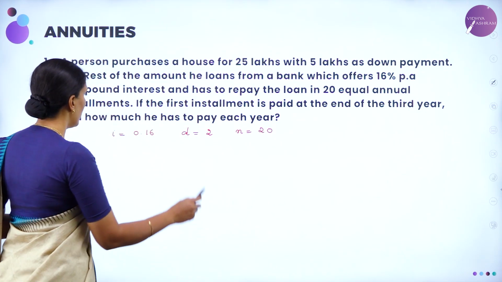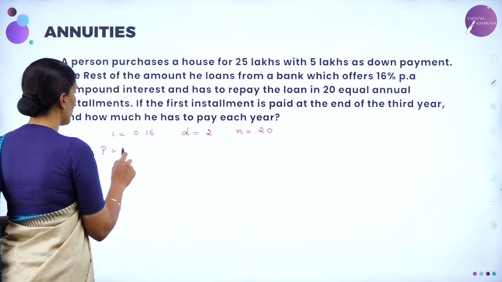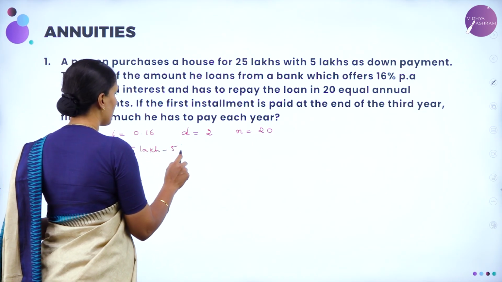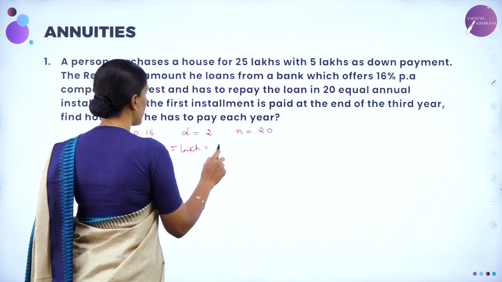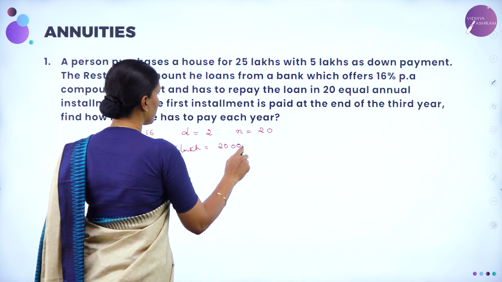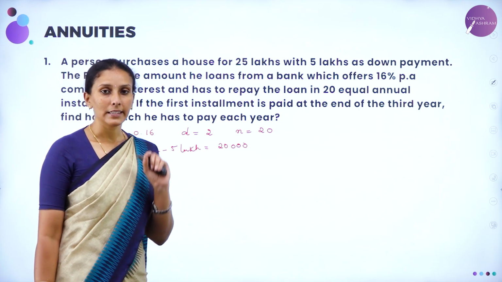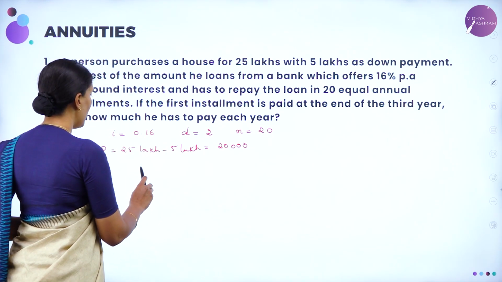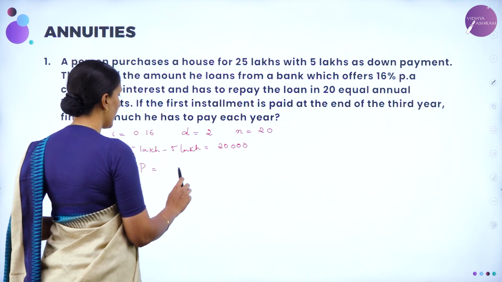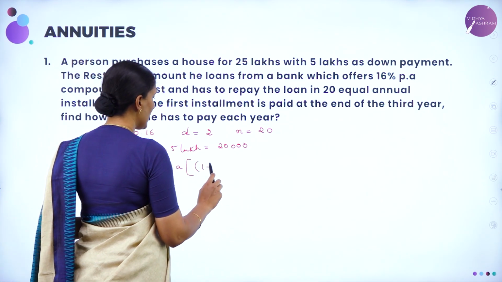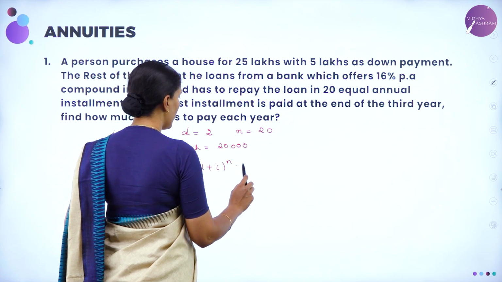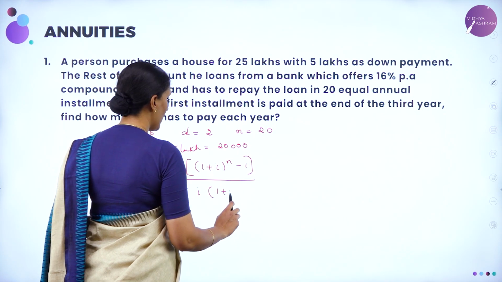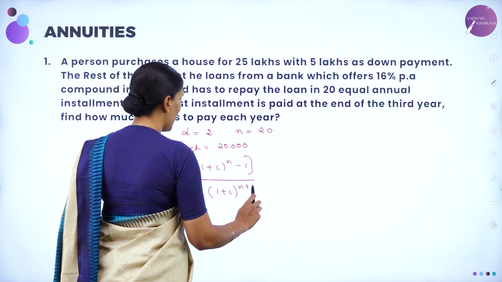Now the present value is 25 lakh minus 5 lakh, which is equal to 20 lakh. I need to calculate the equal installment, that is the annuity. So we will use the formula P is equal to A into (1 plus i)^n minus 1 divided by i into (1 plus i)^(n plus d).